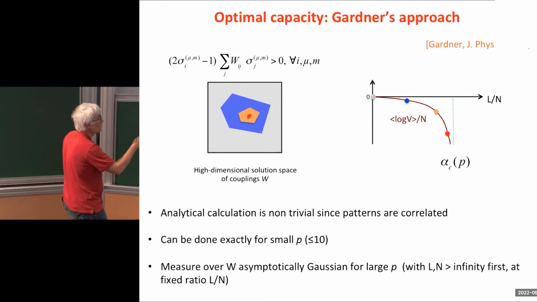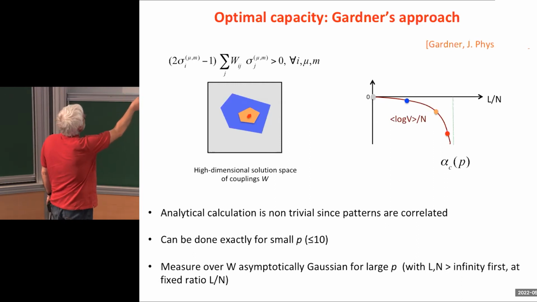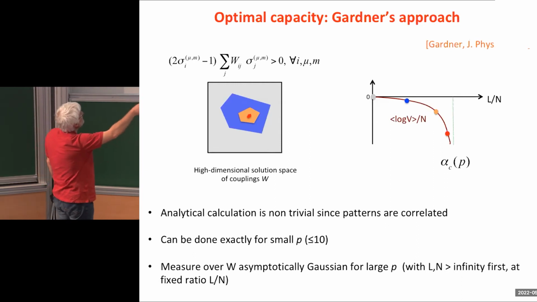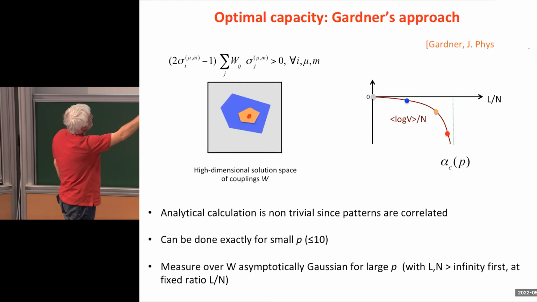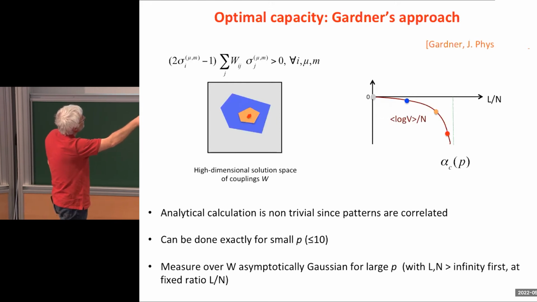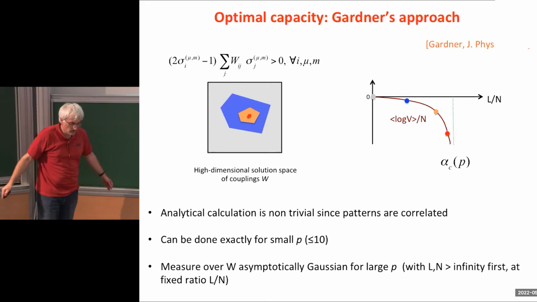So essentially what we want to compute is the log of this volume in the coupling matrix space as a function of the ratio L over N, and that should depend on the number of points P. I will see where the log goes to minus infinity, and that will define the critical capacity.